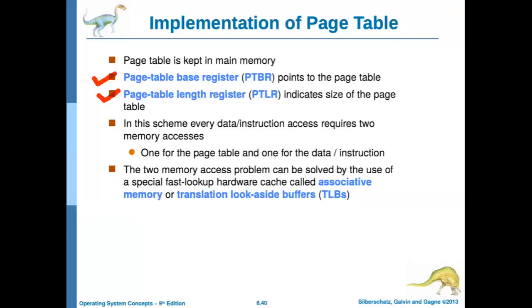Associative memory is not like that. It can look in parallel at all the locations. So with only one comparison, I'll get whether it is available there or not. Now how is that implemented? That is the hardware part. But right now, remember it is associative memory, which has the capability of special fast lookup.